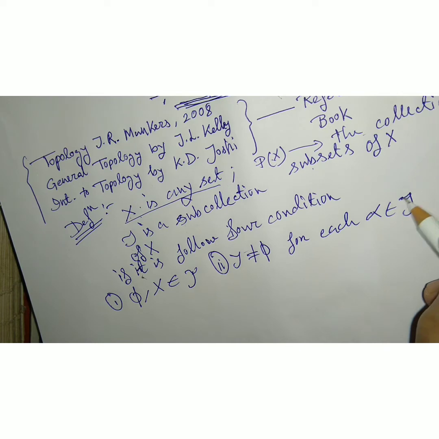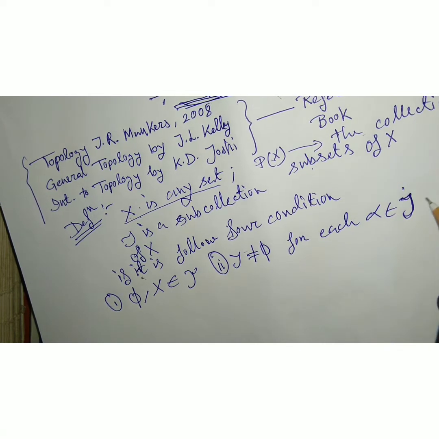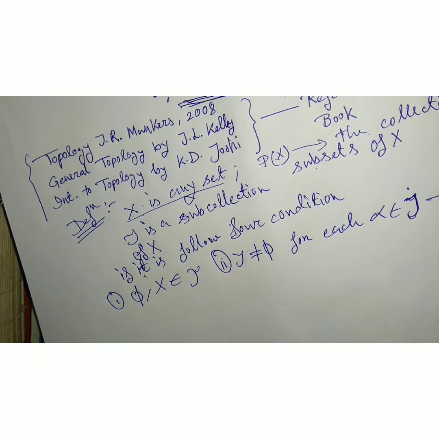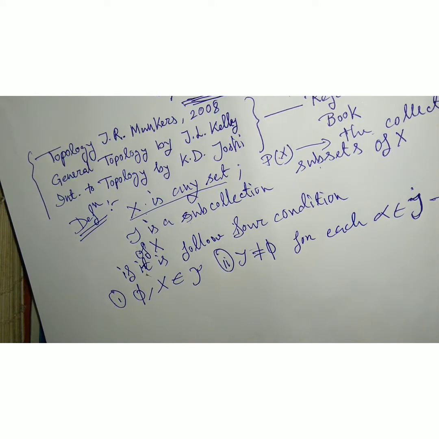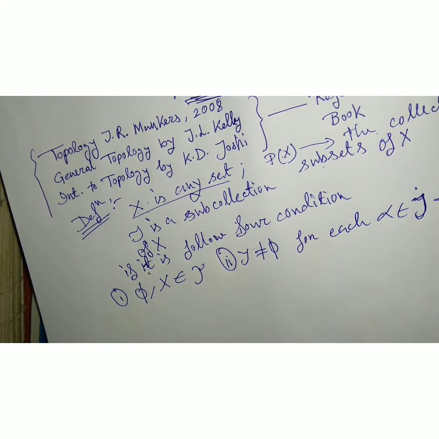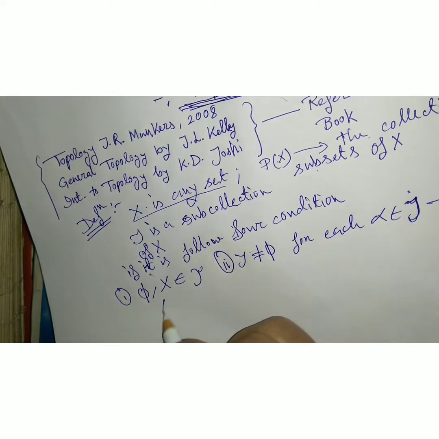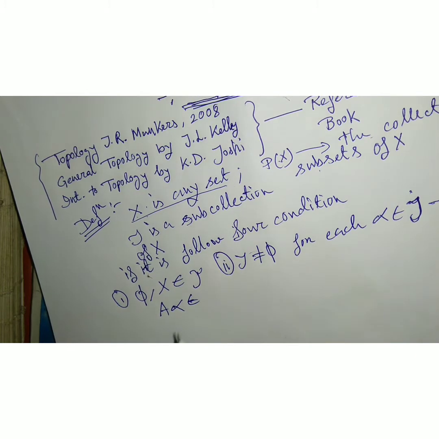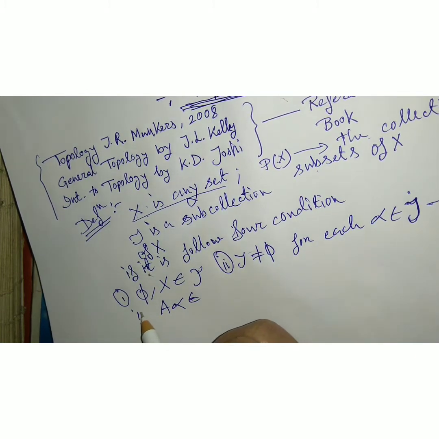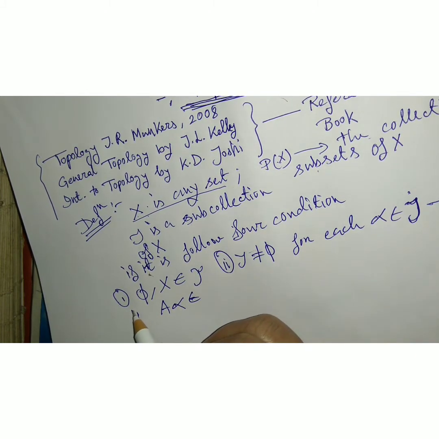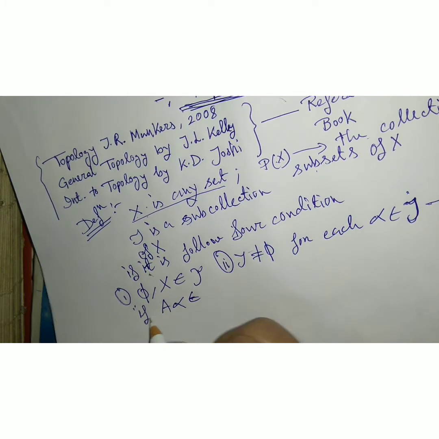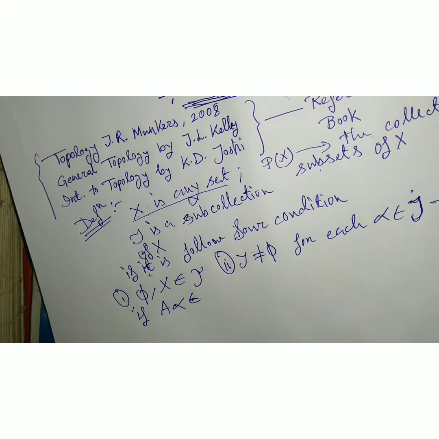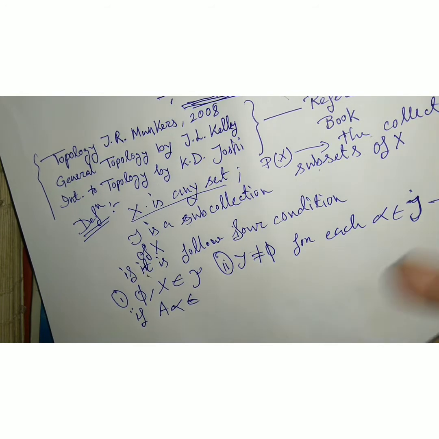Alpha belongs to J, and J is called the index set.